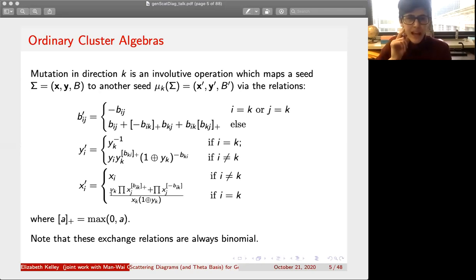And so the only important thing I think that you need to take away from this slide is that when you look at the relations that I wrote down, for example, the equation for xi prime, we use the primes to denote the new variables that we're swapping in. If you look at the bottom relation, you can see that it's a binomial. And so one really hallmark feature of cluster algebras is that all of these exchange relations are binomials.